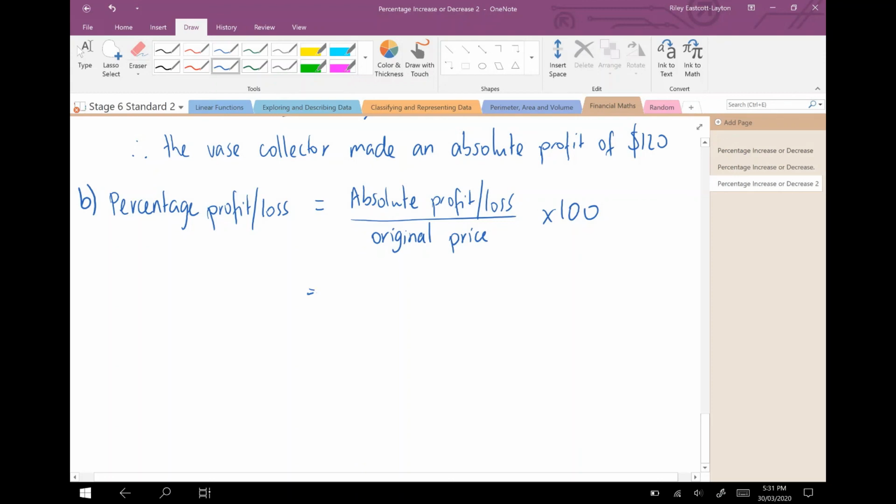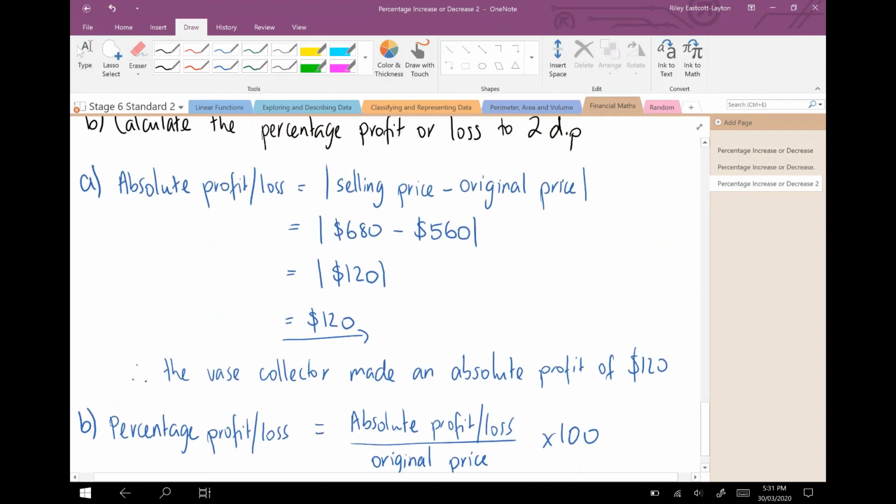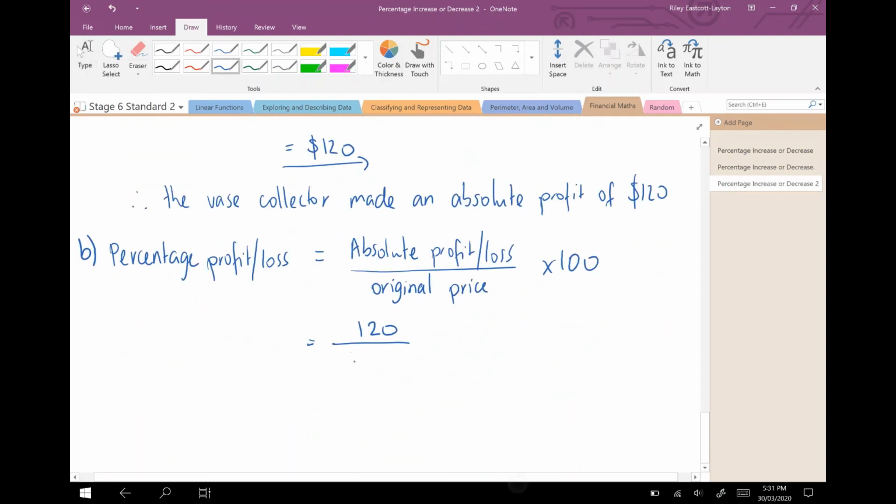So our absolute profit or loss that we found out before was 120. The original price was $560, and we have to times it by 100. So what you get is the percentage profit or loss is 21.43, and then we have to put a percent sign there.